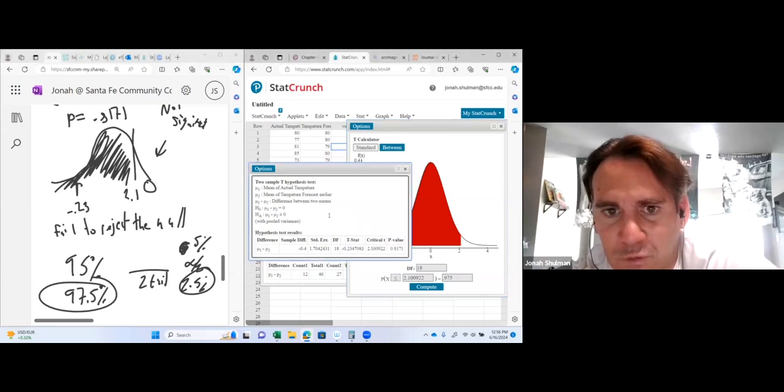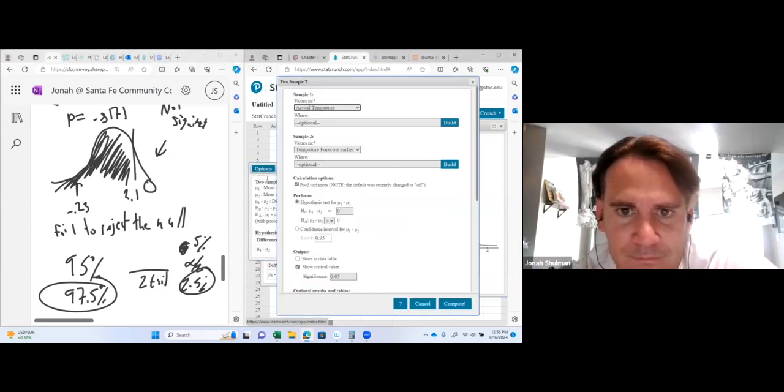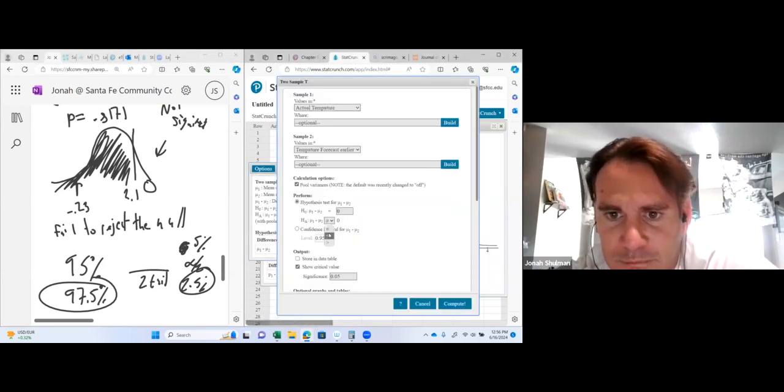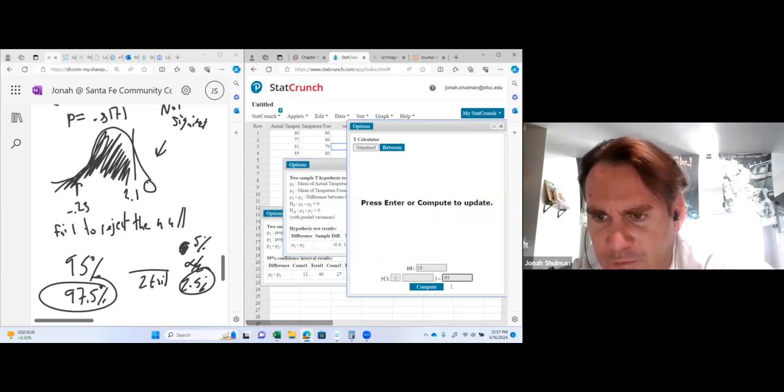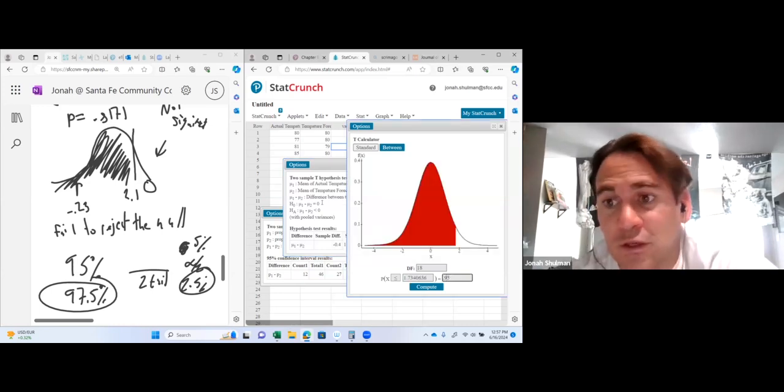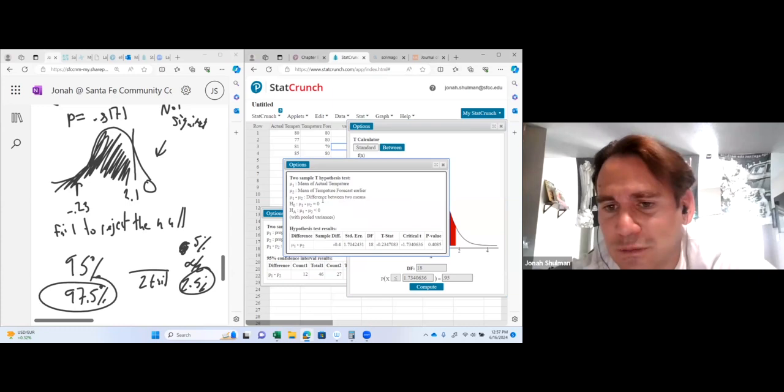Let's see if this changes for one tail. I always want to see. See, look, our critical value is down to this value. And is that the 0.95? Yeah, sweet. So that's why. I just want to double check things. Obviously, it's a new program for me too.